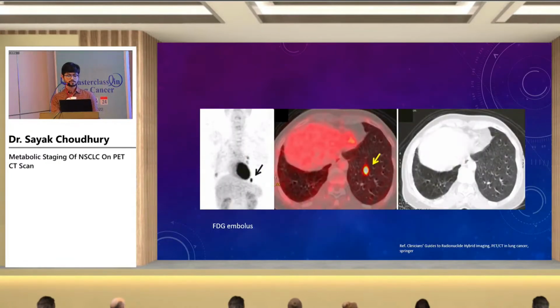So this is a thing that we sometimes see. It is not very common, but we do see it often. We call it FDG embolus, but we don't know the actual reason for it. One hypothesis is that due to faulty injection technique, the FDG forms some kind of colloid, and that gets stuck in the pulmonary capillary bed.